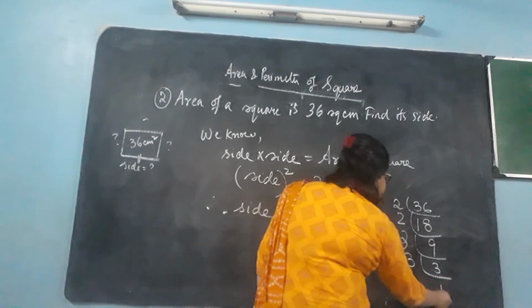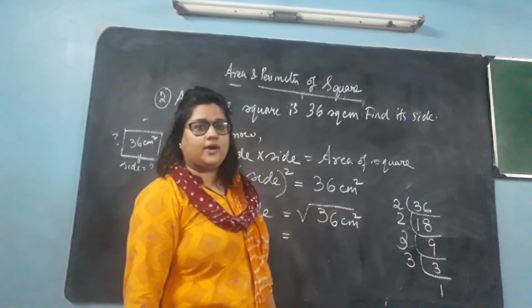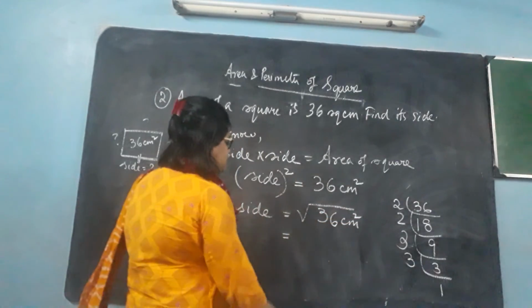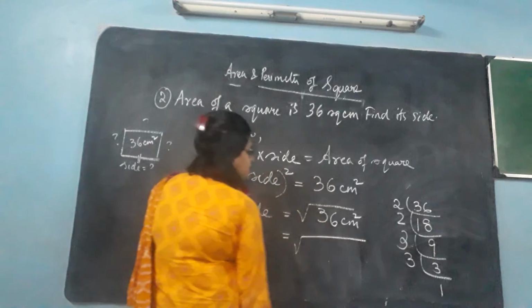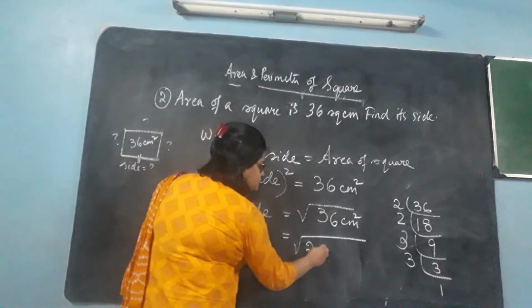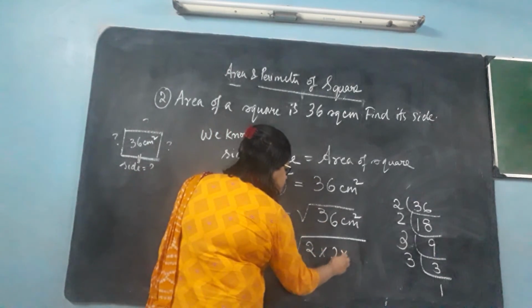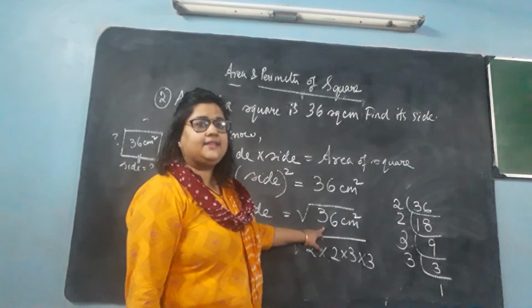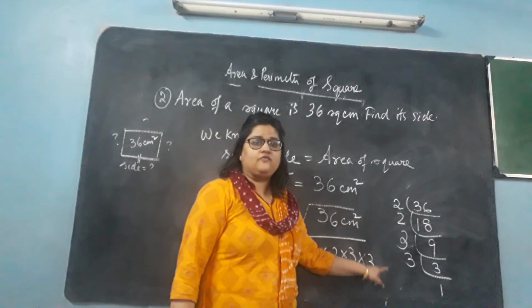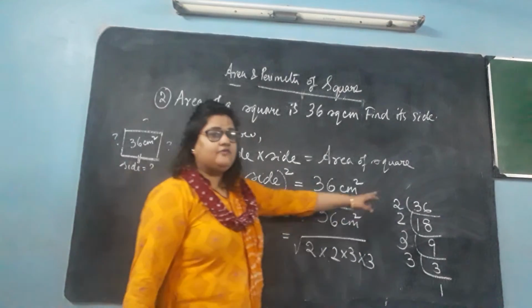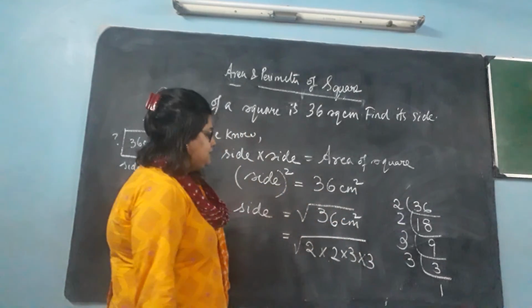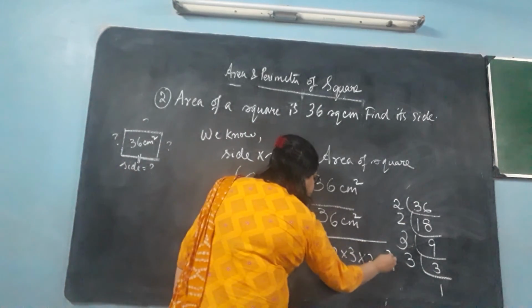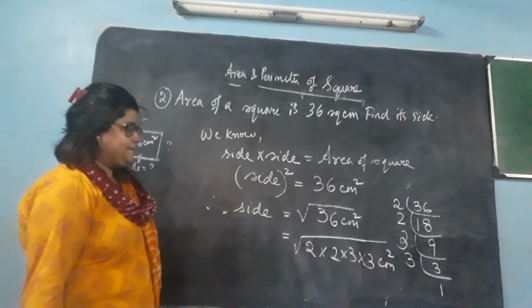With 3, 3 ones are 3. You do this until you get 1. Whatever numbers you are getting over here, write under the square root sign, that is 2 into 2 into 3 into 3. We are breaking 36 into its factors. This is known as factorization. And give the unit also, centimeter square.